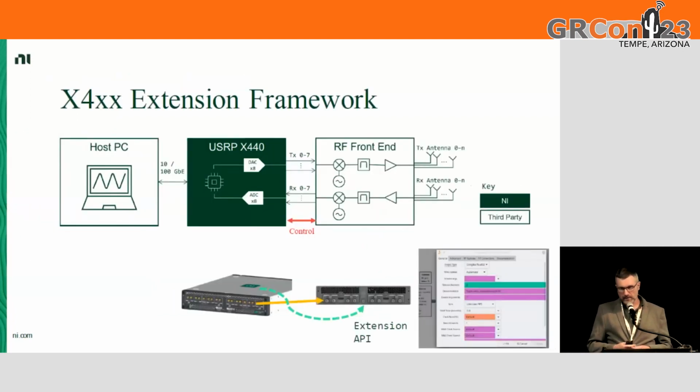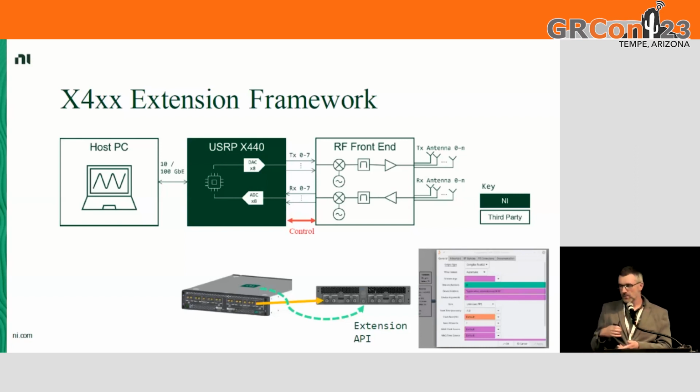First of all, one thing that we introduced a while back is the extension framework, which we originally introduced for the device at the bottom, the SC2430 signal conditioning device, which is built by a separate company than NI that we've partnered with called SignalCraft. This extension framework allows you to connect an RF extension box to the device.